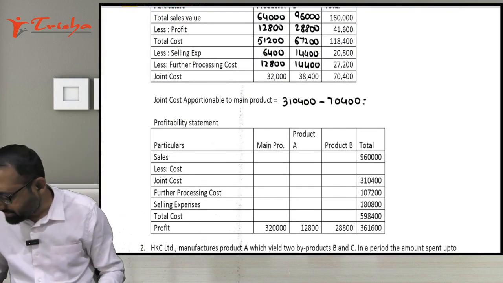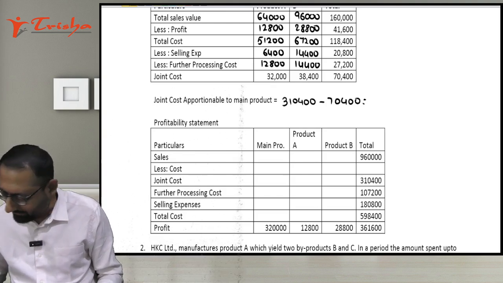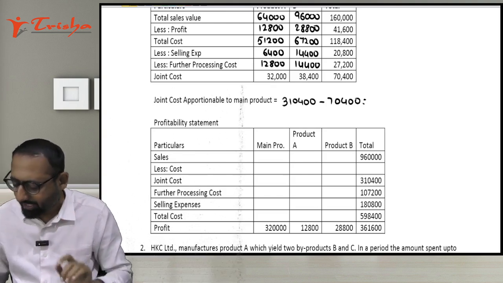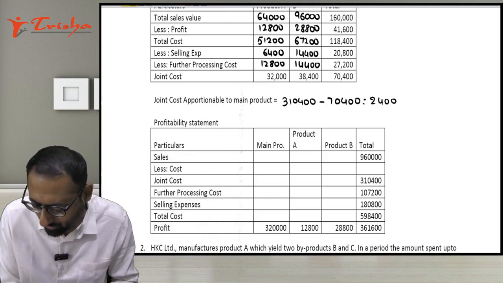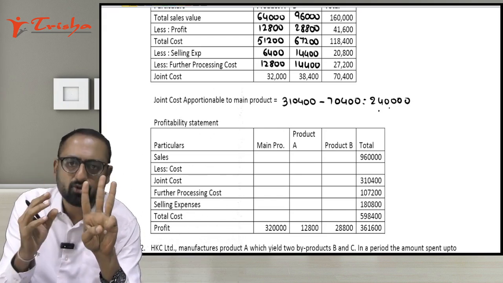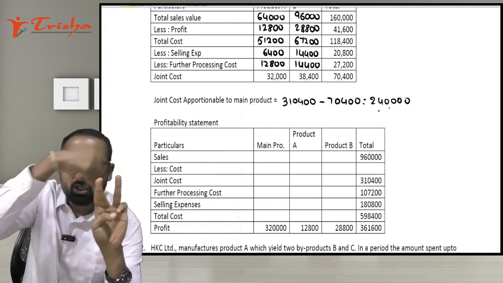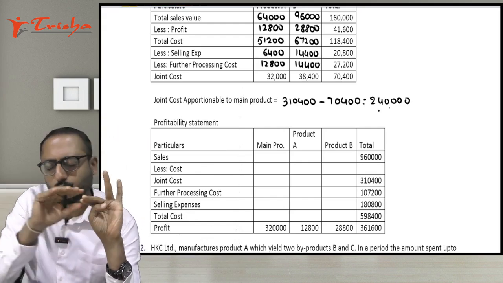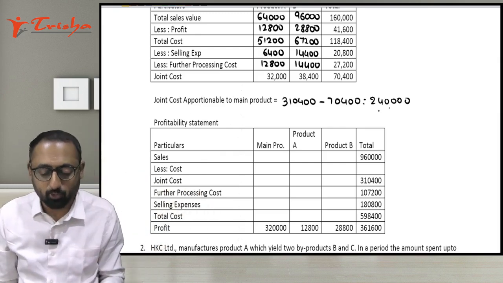So, boys and girls, 3,10,400 minus 70,400, joint cost applicable to the main product will be 2,40,000. Right, guys? Have you got this? So, out of three products, we applied the reverse cost method, calculated the joint cost for the two products. Then from the total joint cost, if you deduct the joint cost of the two products, the remaining joint cost will be of the main product. So it will be 2,40,000. I hope this point is clear.